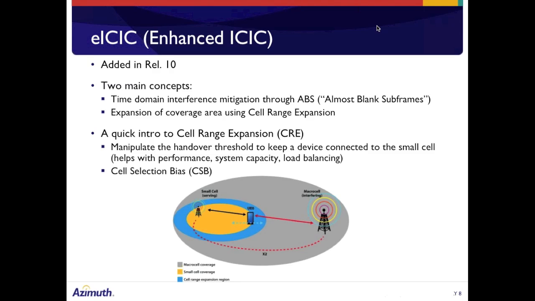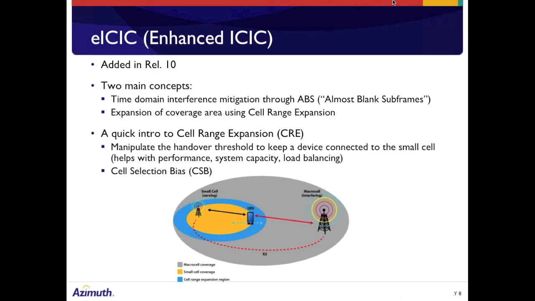So for eICIC, we simply decide to not transmit during some of the subframes within our frame, and then we use this other mechanism to achieve what we call cell range expansion.